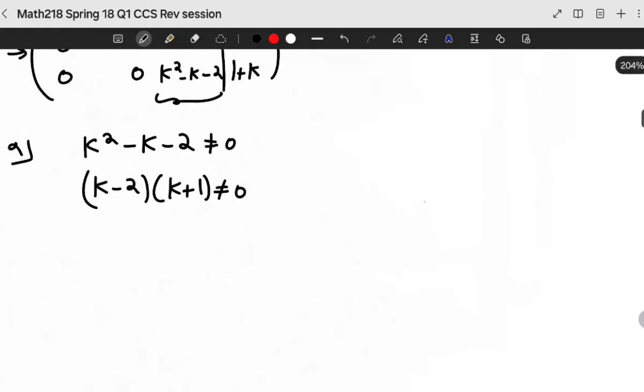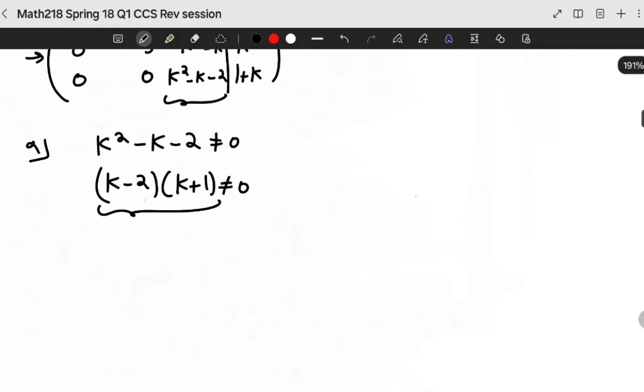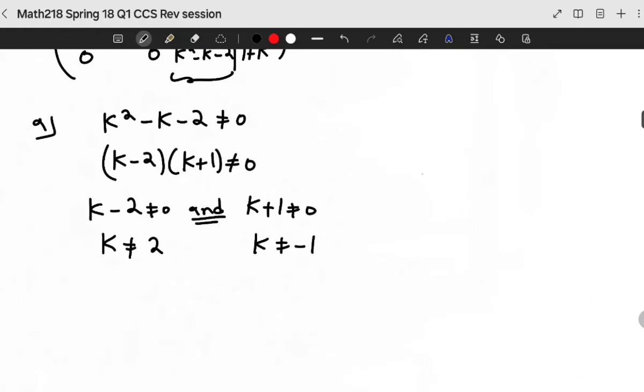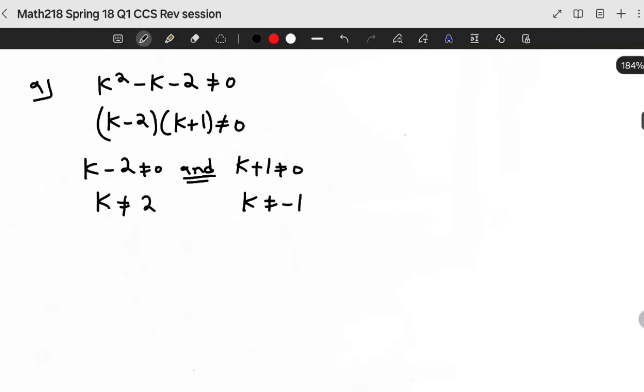So for this quantity to not be equal to 0, I need k minus 2 not equal to 0, and at the same time k plus 1 not equal to 0. So k can't be 2, and at the same time it can't be minus 1. So any value other than 2 and minus 1 would guarantee that this system has a unique solution.